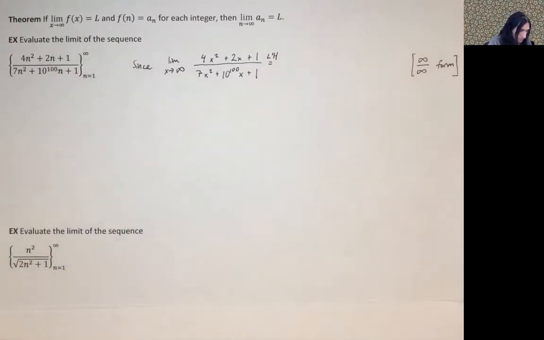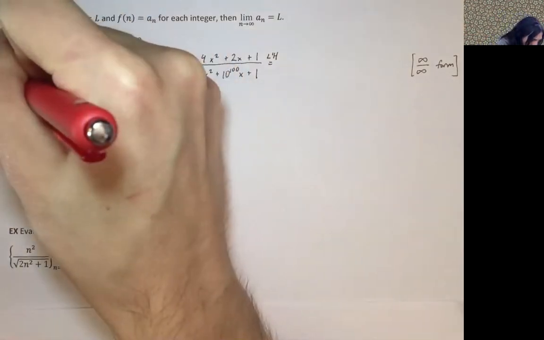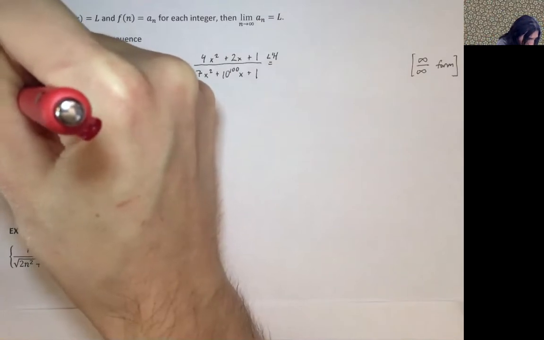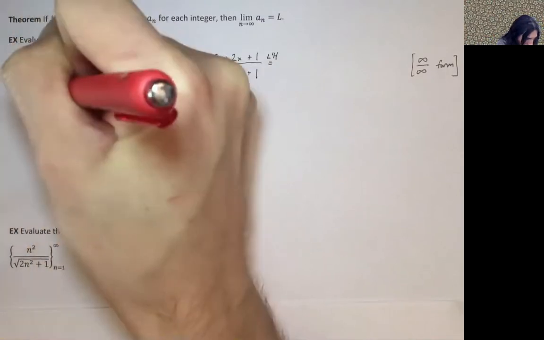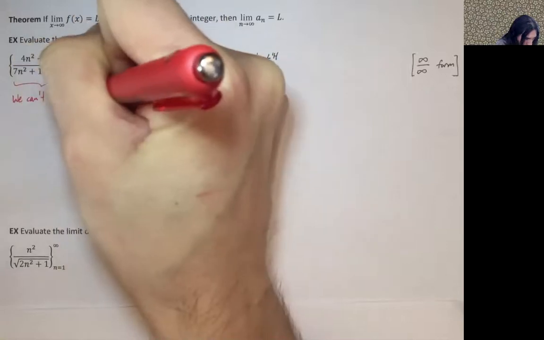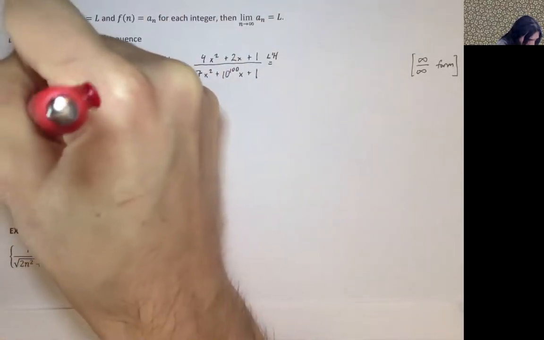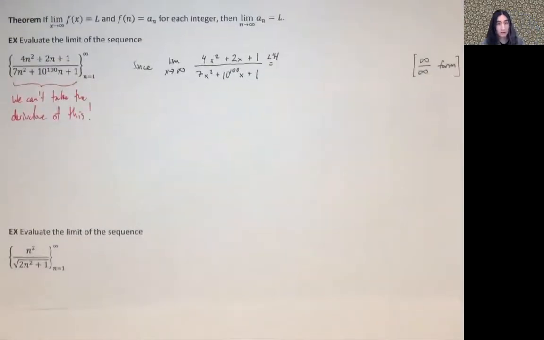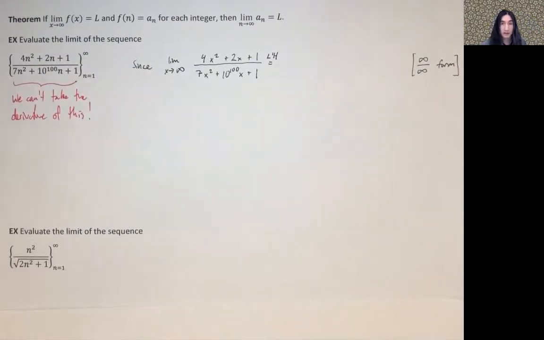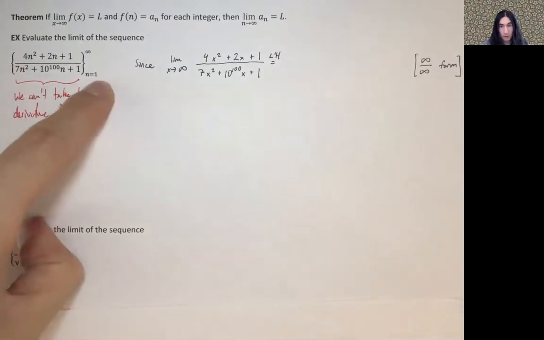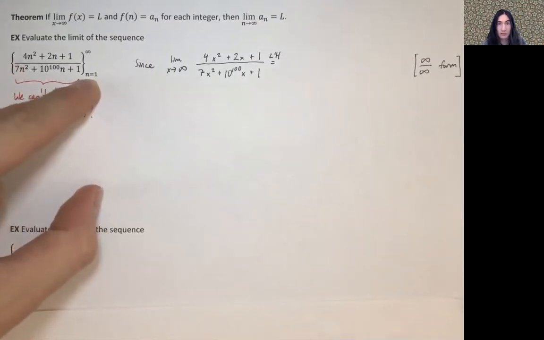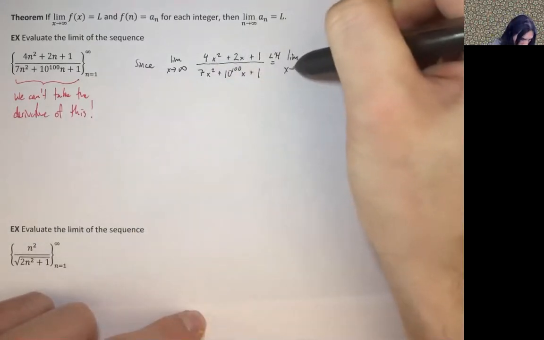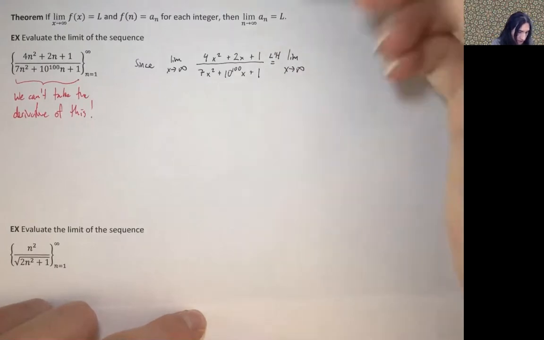I never want to see you taking derivatives of n's. We can't take the derivative of this because it is not a smooth function. It's a bunch of disjointed points only plotted for integer values of n. But this is very different. It's a smooth function, and I can take the derivative.